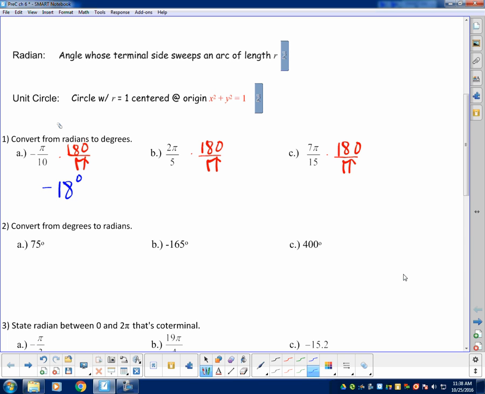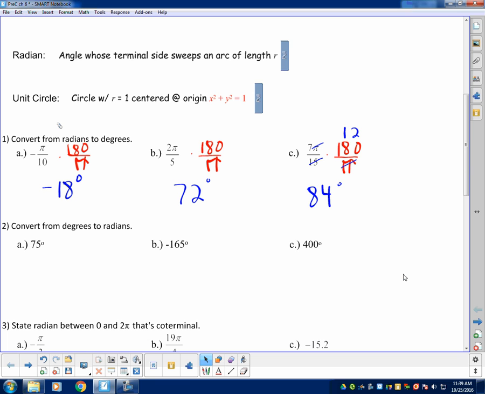What does B simplify to? 72 degrees. And then C, 84 degrees, okay. So yeah, I just do some cross-canceling and cancel the pi's here. 15 goes into 180 twelve times; 7 times 12 is 84, so I would cancel first, multiply straight across.